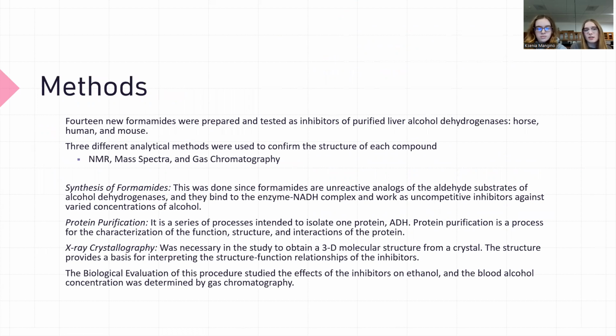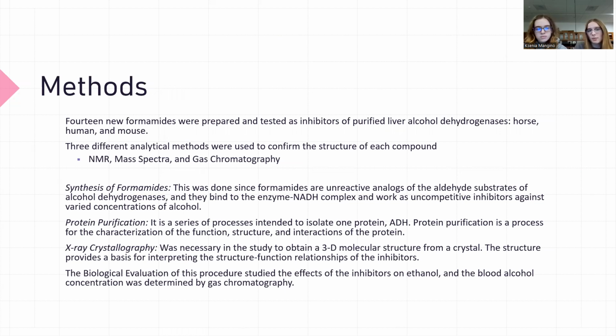For the methods used in the study, 14 new furanimides were prepared and tested as inhibitors of purified liver alcohol dehydrogenase in horse, human, and mouse. 3 different analytical methods were used to confirm the structure of each compound: NMR, mass spectra, and gas chromatography.